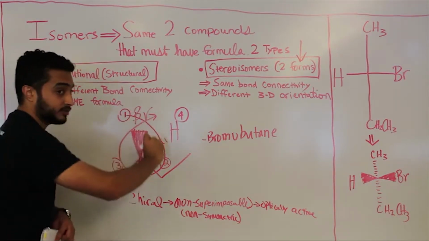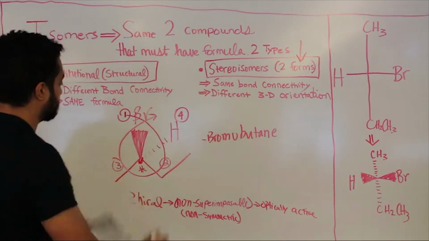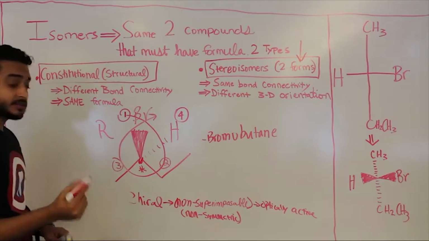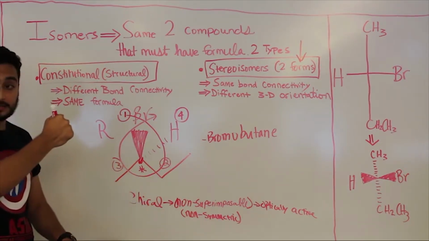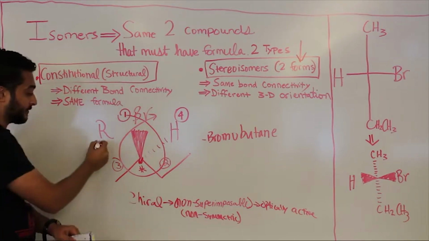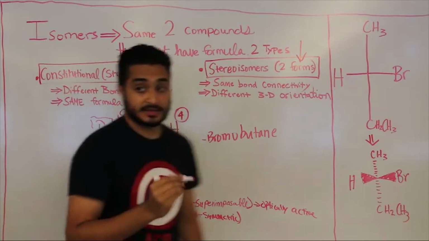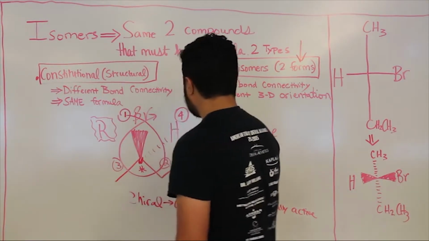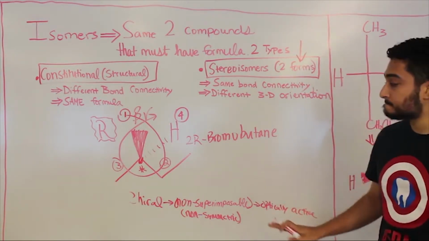Since I'm going to the right, like a steering wheel turning to the right, this is an R configuration, okay? If I had a structure going the opposite way, it would be referred to as an S structure. Whatever letter you have telling you the orientation, you write that next to the number in your nomenclature. So we know it was R, it's 2R-bromobutane. That's how you do this, okay?